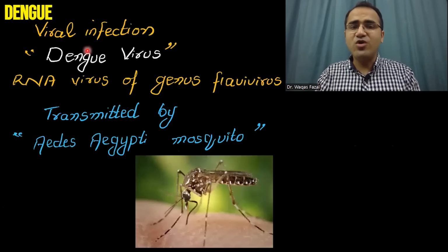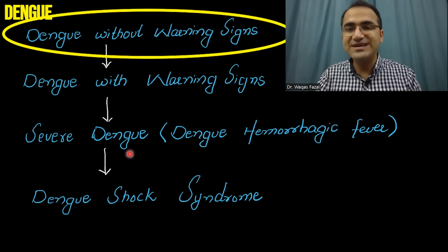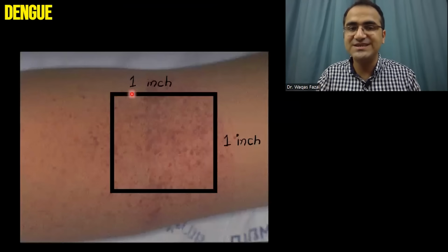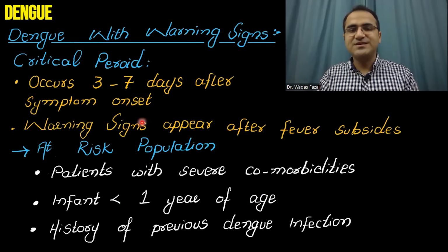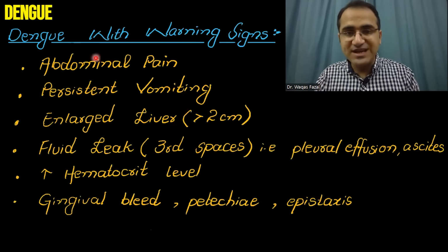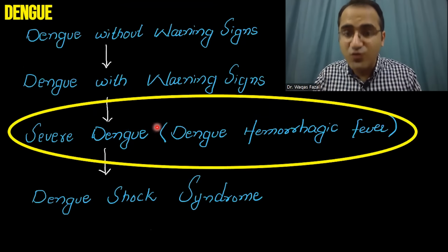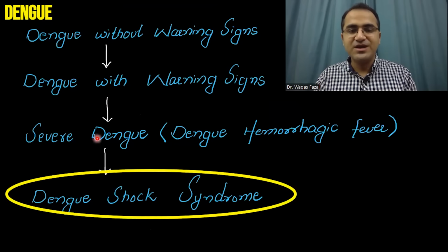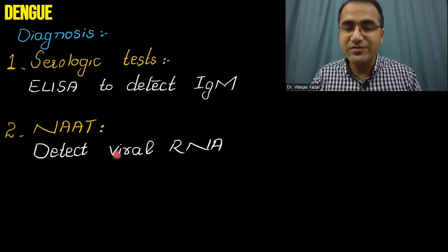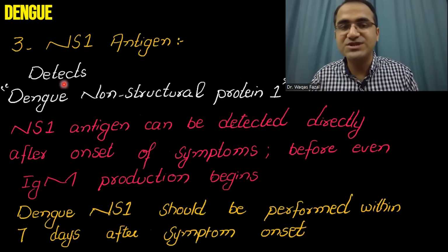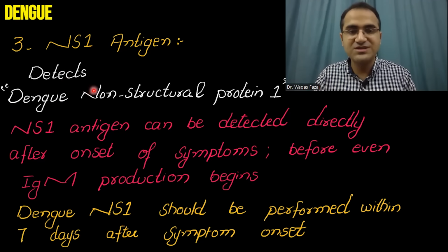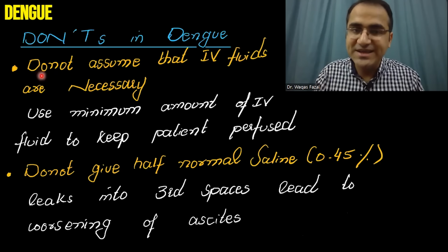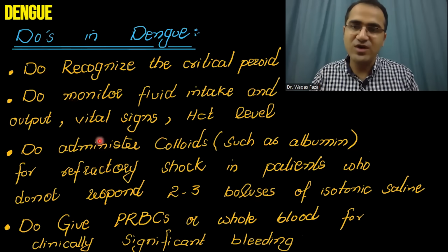In summary, we talked about what is dengue virus, the different categories based on the symptoms: dengue without warning signs, capillary fragility test, dengue with warning signs, the critical period, the warning signs that the patient can develop, severe dengue, dengue hemorrhagic fever, the presentation of dengue hemorrhagic fever, dengue shock syndrome, severe dengue with shock, the serological tests in which NS1 can be detected early but not after the 7th day, the graph showing these, the don'ts of dengue, the do's in dengue, the things that you have to do in dengue.